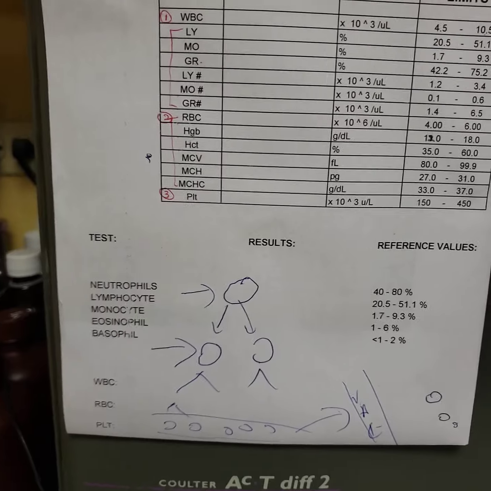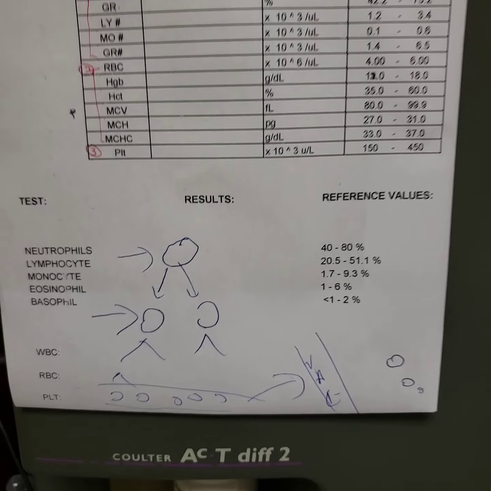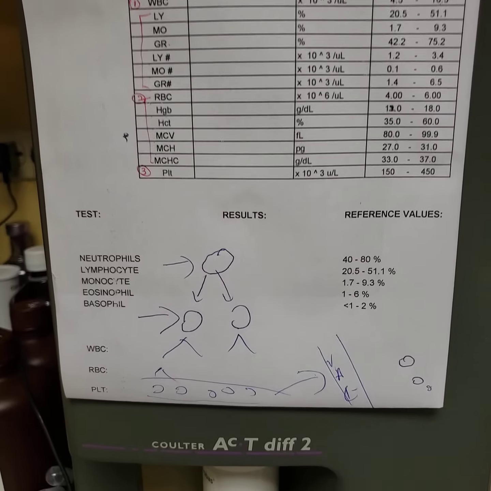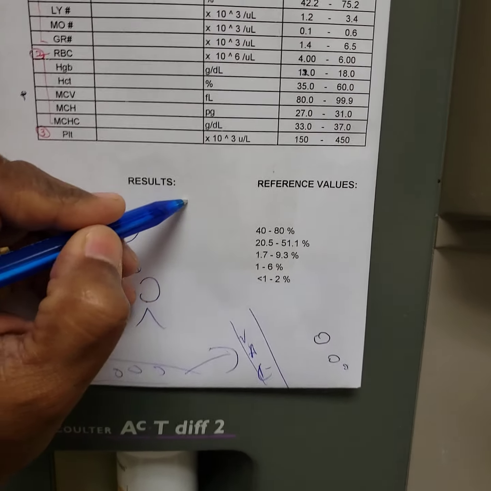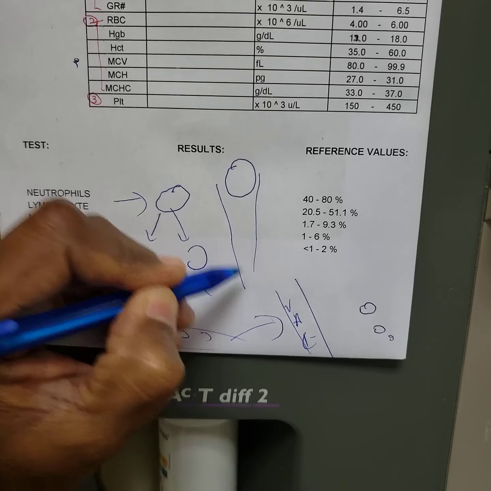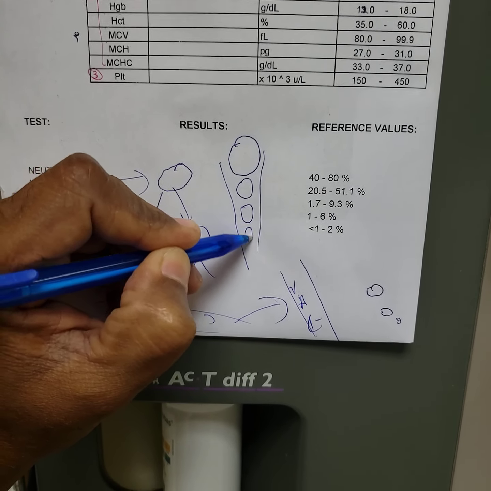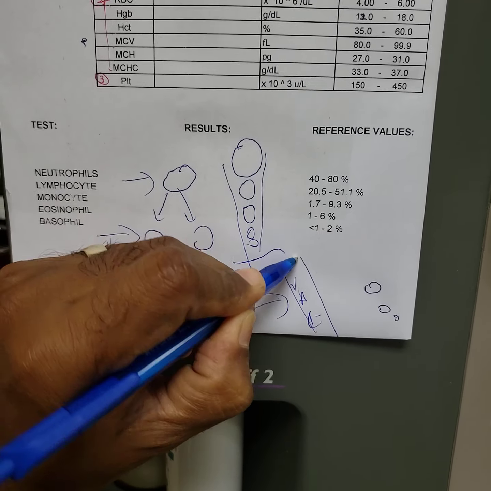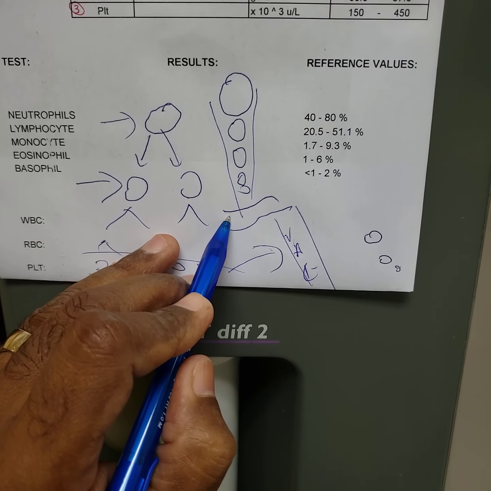So the maturation process of blood cells essentially begins with a big cell, and as cells mature, they get smaller until they come out into what is called peripheral circulation.